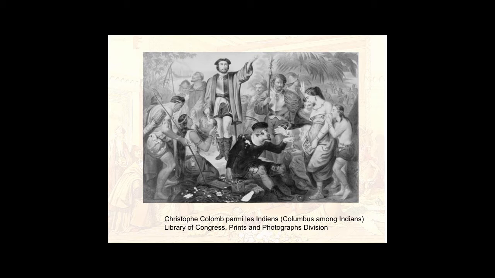Notice the stark contrast between the way the Europeans are depicted. They are clothed, and they have armor. Look at the natives, all in poses of submission or supplication. They are scantily clad. So the image shows quite a clash of civilizations, a clash of cultures.